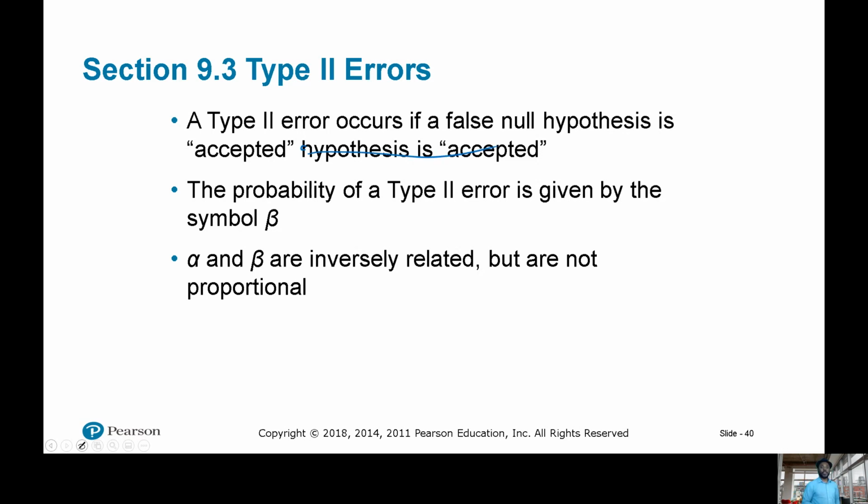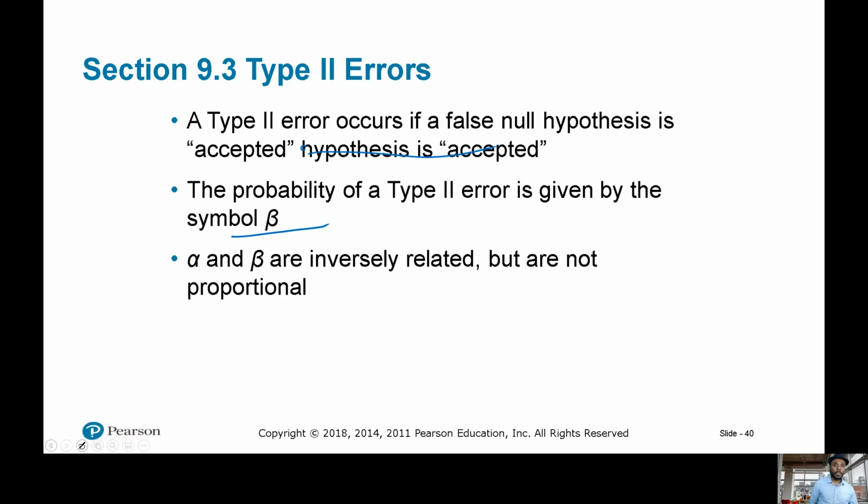And the probability of a type 2 error is given by the symbol beta. Now, alpha and beta are inversely related, but are not proportional. Okay?